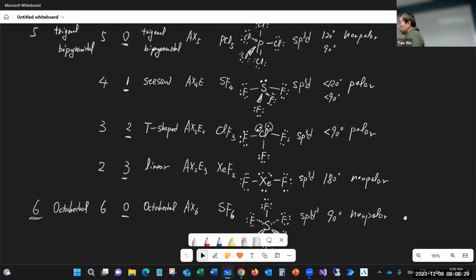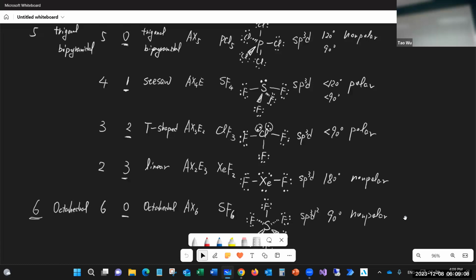When we talk about this, it is under the condition that all the side atoms are the same. Over here, if we talk about octahedral, and all the side atoms are the white atoms, then that's definitely a nonpolar molecule. But if you change one of these to another particle, then definitely this is not nonpolar, because one of them is different.